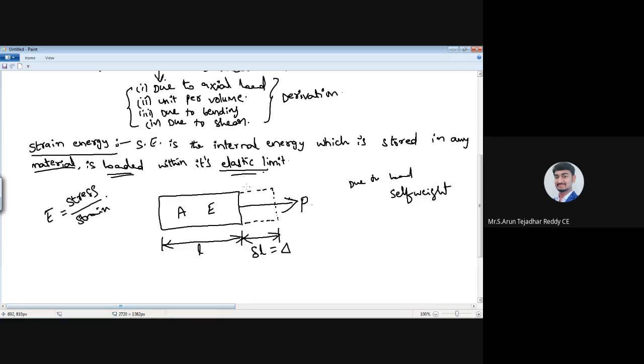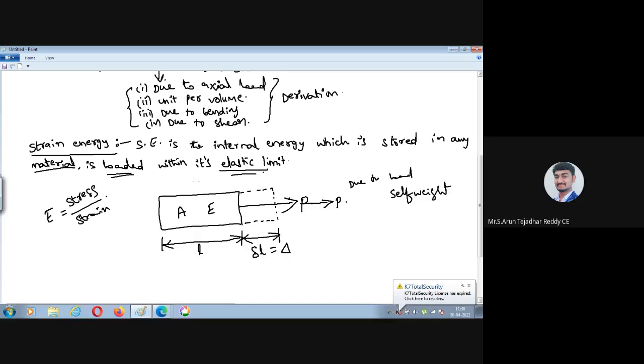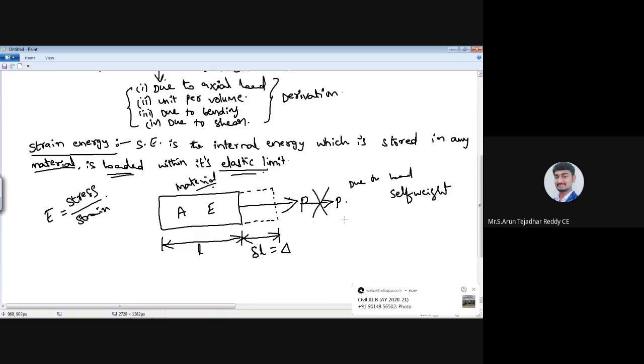So in strain energy, whatever loads we apply should be within the elastic limit only. Suppose I apply extra load, then what will happen? This material, the material will fail.